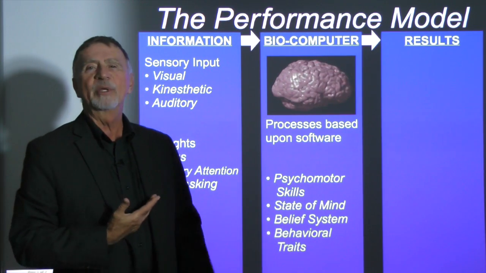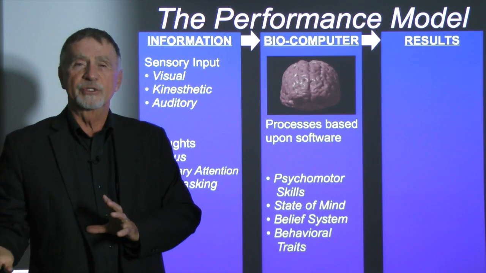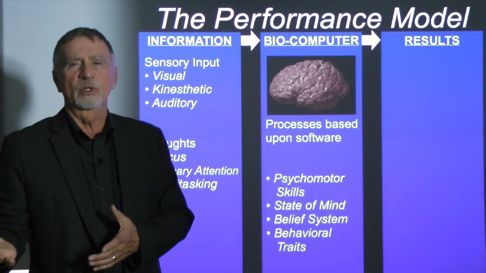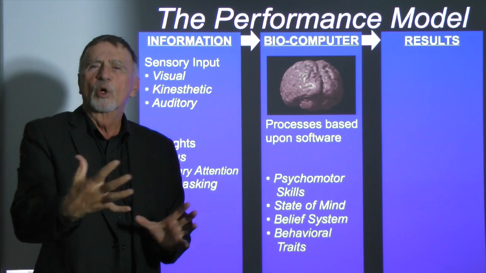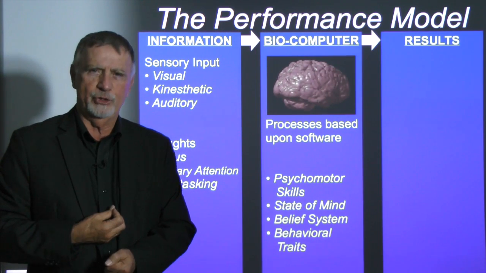In addition to that, behavioral traits. That is everything from whether a person is aggressive or timid, or they're an extrovert, or they're patient, or they're not patient. All of those kinds of behavioral traits impact the way that we function.